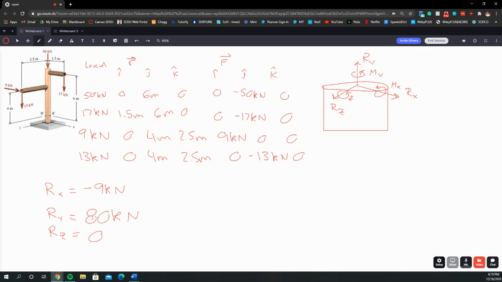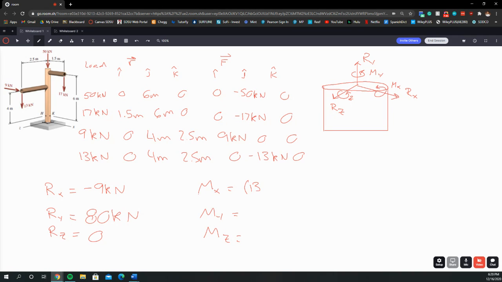But the reaction moments, Mx, My, Mz, we just solve for the moments. Mx, basically just statics. So moment about the x-axis. The only one of these that actually produces a moment about the x-axis is 13 kilonewtons.